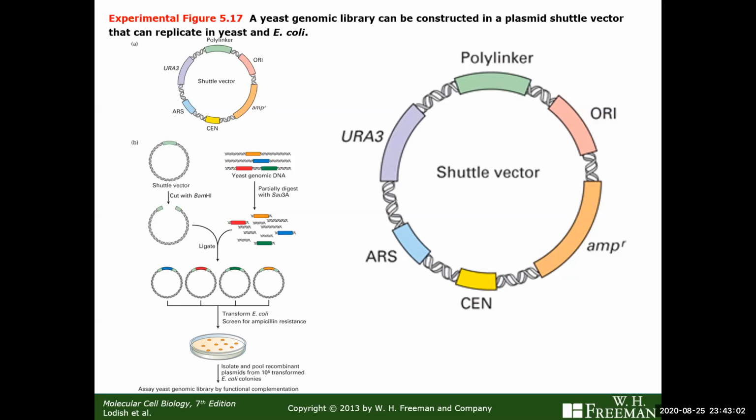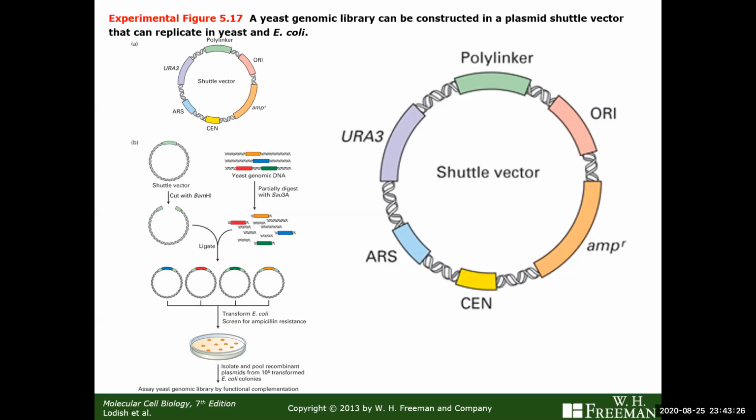Okay, and then the ampicillin resistance is for selection in bacteria, and URA3 is for selection in yeast. In yeast, antibiotic selection is used less frequently. More frequently, what are used are different kinds of genes that make one or the other critical nutrients.